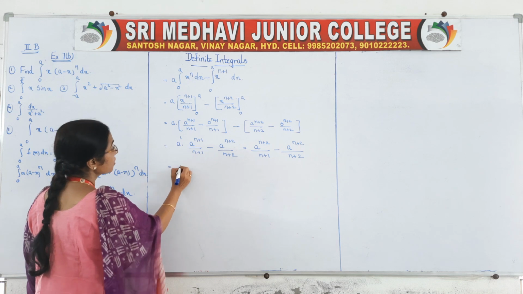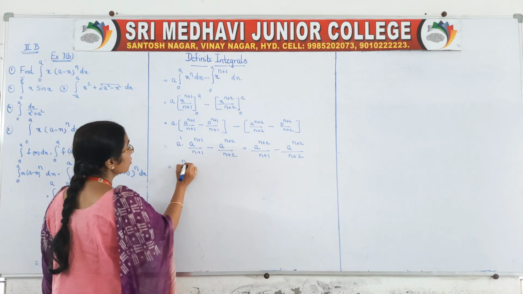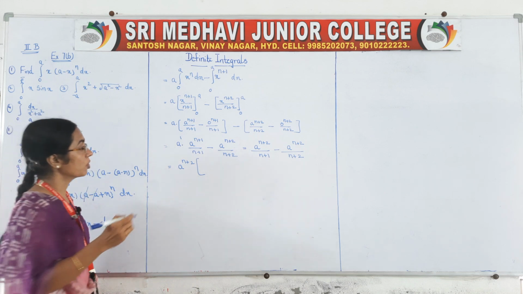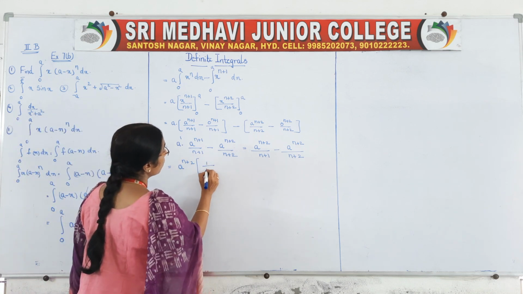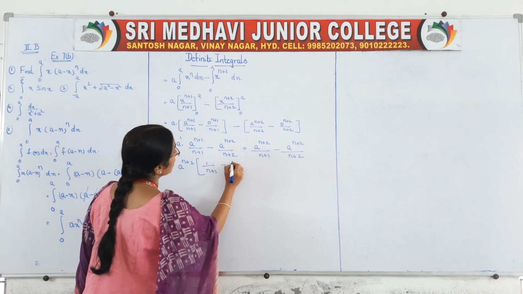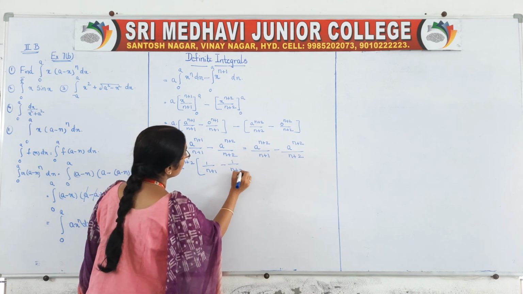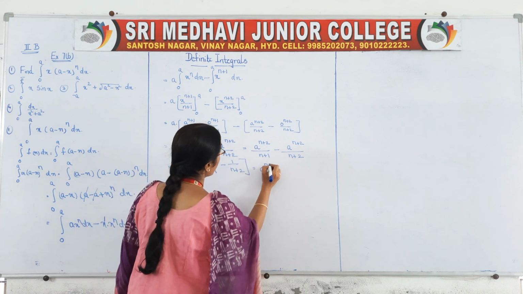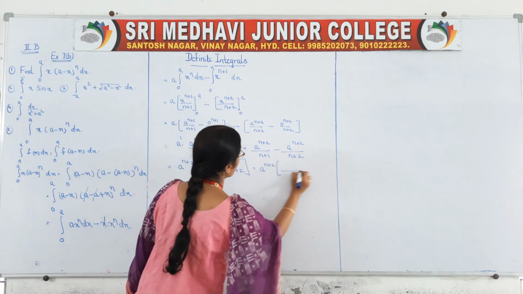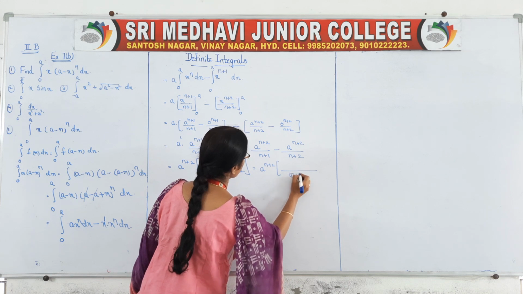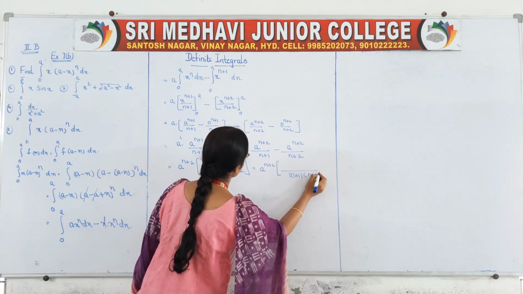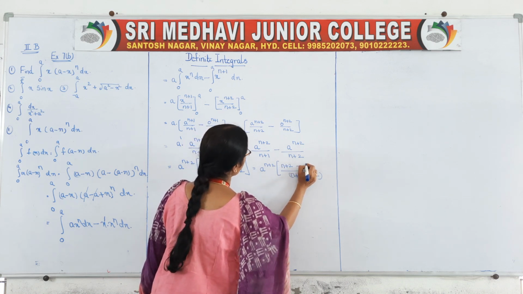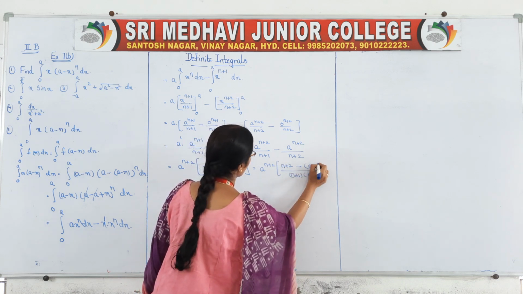Which value can we take outside? A to the power of n plus 2 can be taken common. So we can write 1 by n plus 1 minus 1 by n plus 2, which is equal to a to the power of n plus 2 into, taking the common denominator, n plus 1 into n plus 2, with numerator n plus 2 minus of n plus 1.